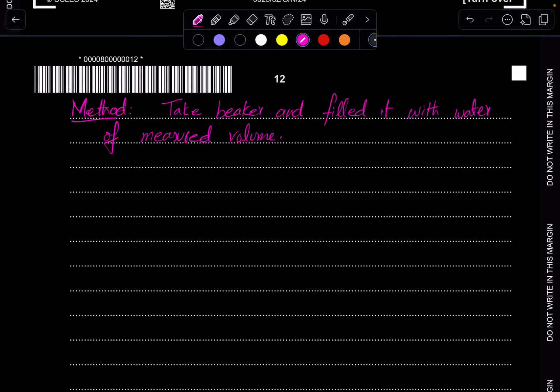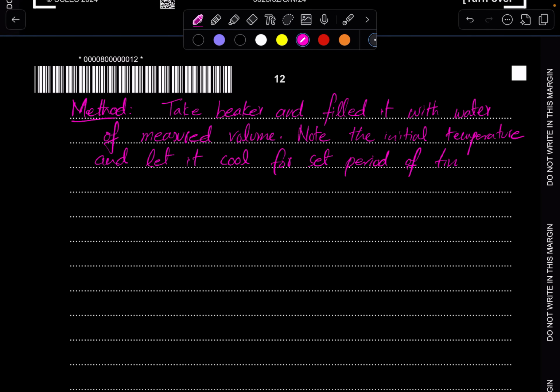Then when you fill it with the measured volume, note the initial temperature and let it cool for a set period of time.